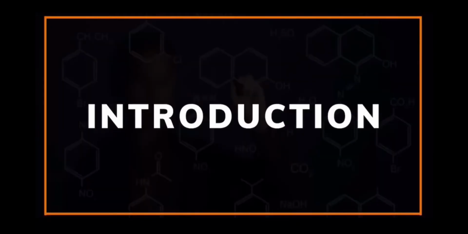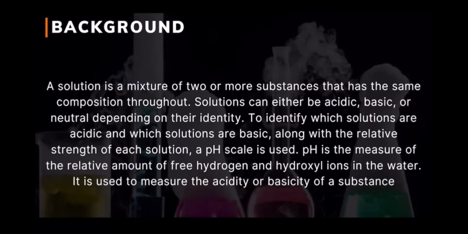So, let's have a short background check regarding our experiment today. A solution is a mixture of two or more substances that has the same composition throughout. Solutions can either be acidic, basic, or neutral depending on their identity.